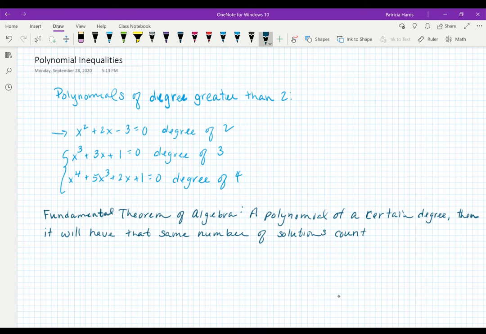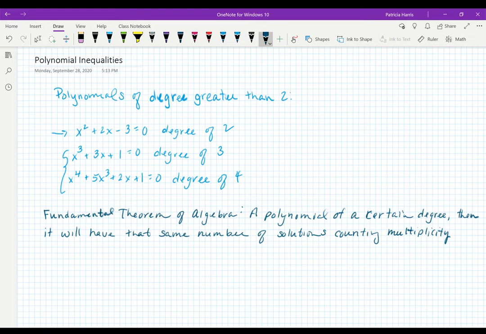Now, we'll talk about multiplicity in a moment. It will come up. So that means if I got a polynomial of degree 3, I should have 3 solutions. If I have a polynomial of degree 4, I should have 4 solutions. These solutions do not have to be distinct, nor do they have to be real. So your solutions can go into the complex numbers. So expect i to show up.